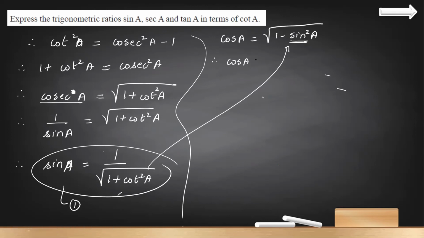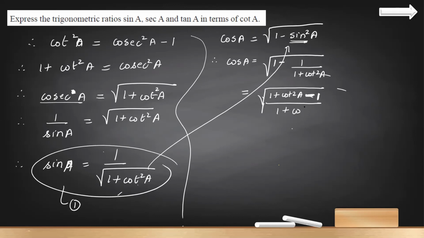Cos A equal to under root of 1 minus, it is in square terms, so square root 1 plus cot square A. So we will just cross multiply over here. So 1 plus cot square A minus 1 whole upon 1 plus cot square A. So plus minus gets cancelled.